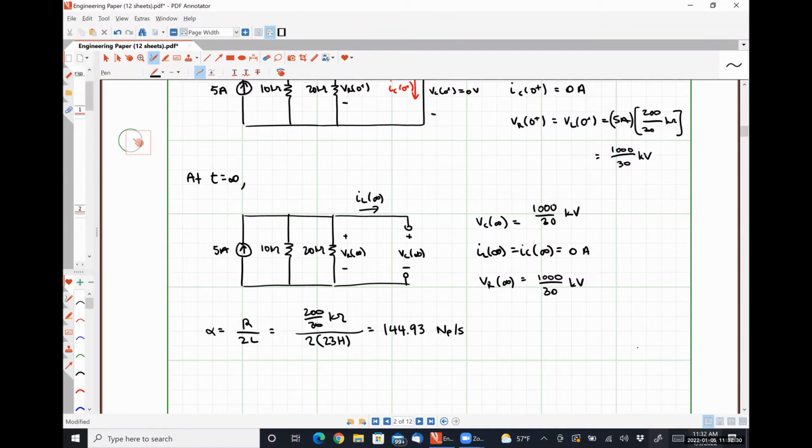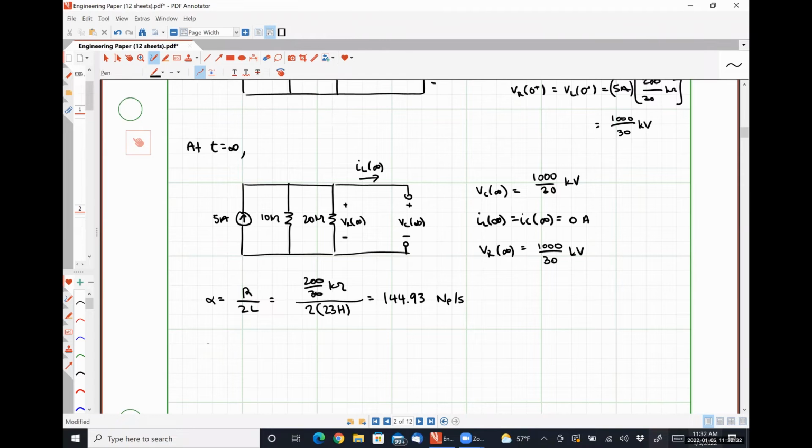All right. Omega naught is going to be the square root of 1 over L, which is 23 henries times 3 farads. So this is going to be less than 1, obviously. 0.1204 radians per second.